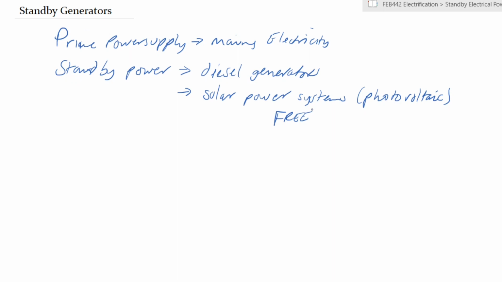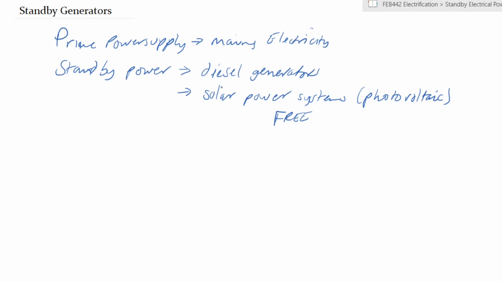Now, the disadvantage, of course, is that while solar panels in recent years have become quite cheap, battery packs and systems for inverting the power that is generated by solar panels are still quite expensive, and the technology has not yet come down in cost, which leaves us with diesel generators as the most common form of backup power supply.